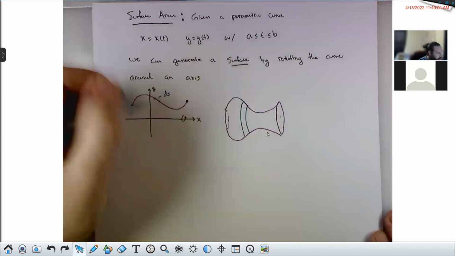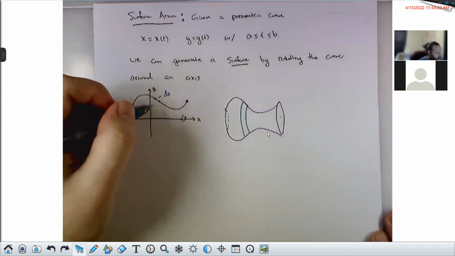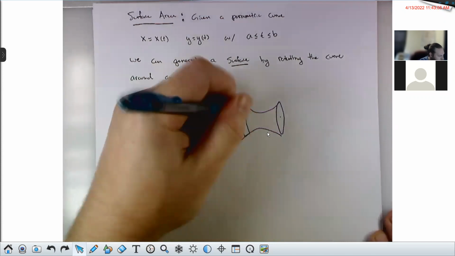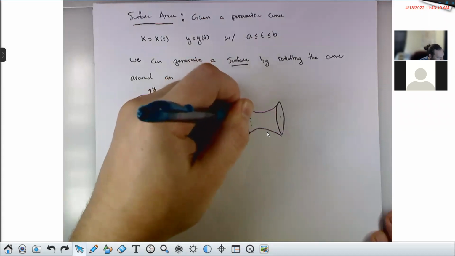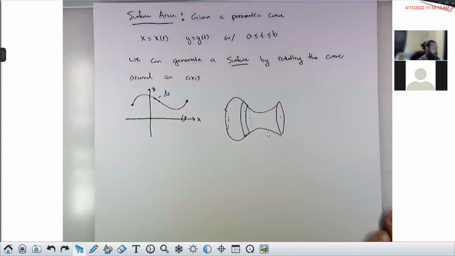When you rotate just this little segment of arc length, you get this little band of surface area. It's kind of like the little slices of volume that we had back in the volume sections, only instead of a volume, it's a surface area, because instead of taking a little area, a little strip, and rotating it, which would generate a little volume, I'm taking a little line segment and rotating it, and that's going to generate just this little band of surface area.